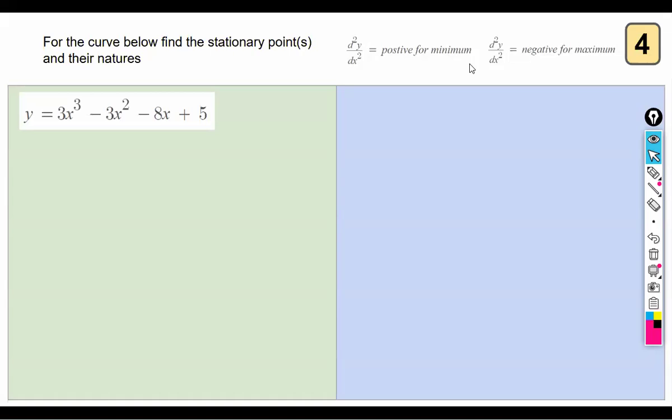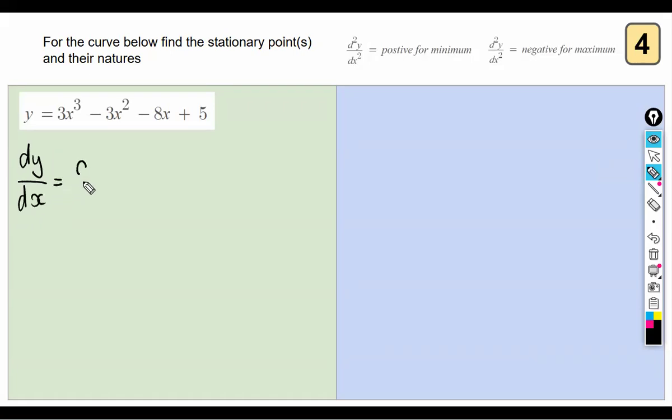So take down this question, and we are going to find the stationary points for this particular equation, right? All right. So when we differentiate this expression once, we're going to get dy dx.